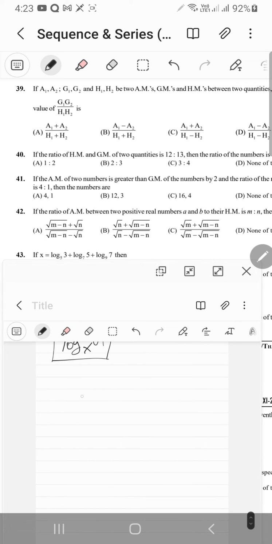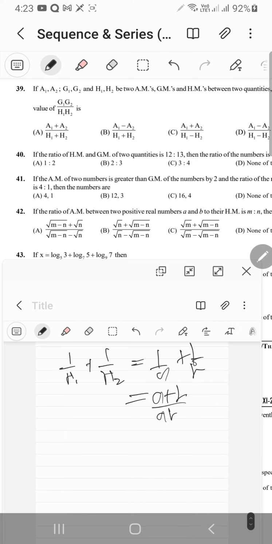So you know that 1 upon H1 plus 1 upon H2 equals 1 upon A1 plus 1 upon A2. Oops, sorry, it's equal to 1 upon A plus 1 upon B. And that just means it's like (A plus B) upon AB. But A plus B is A1 plus A2, and AB is G1, G2.